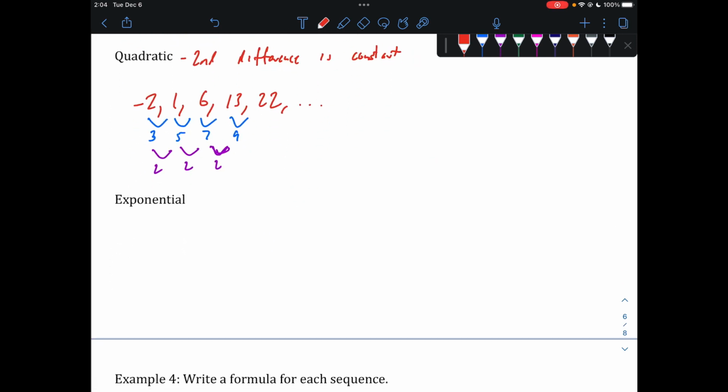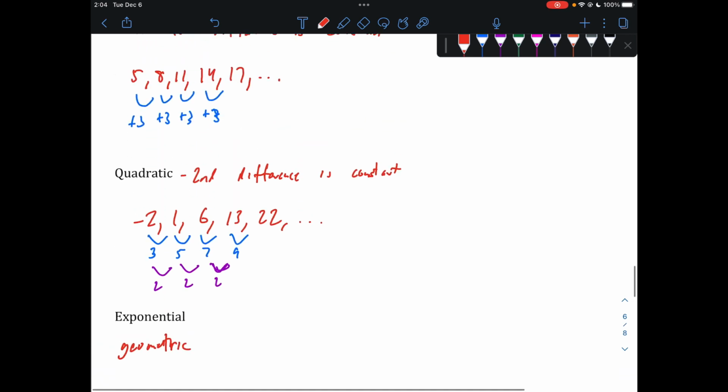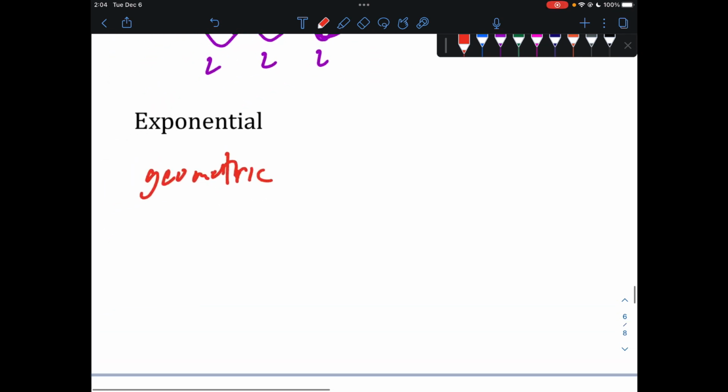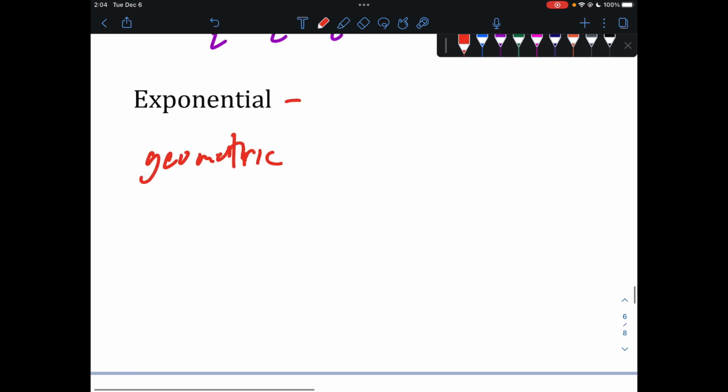So the second difference is the same each time. The third one, exponential, we also call this geometric. We'll talk about that soon. And we also call linear arithmetic. We'll talk about that soon as well. All right, but geometric or exponential has a constant multiple, or we call it a ratio.